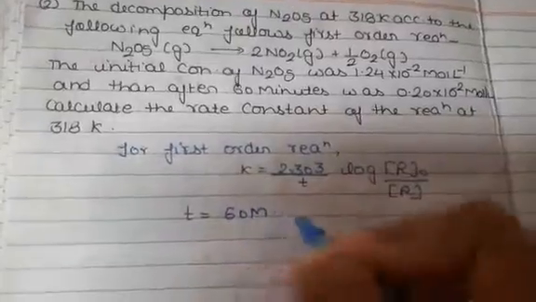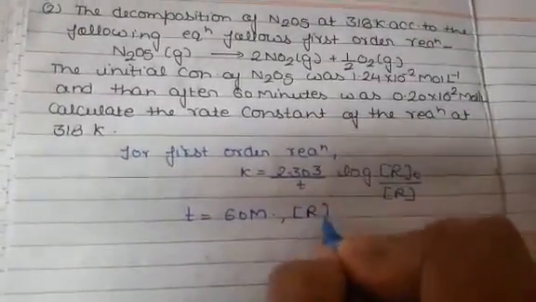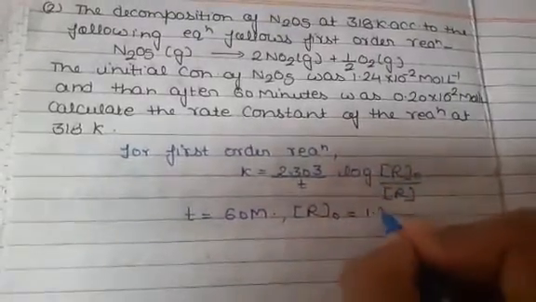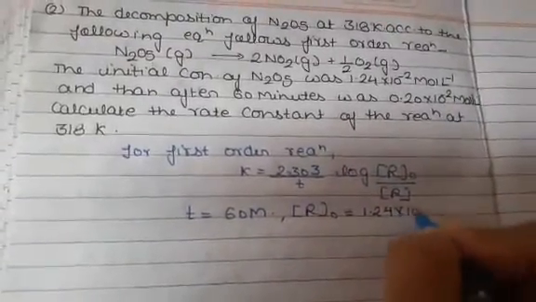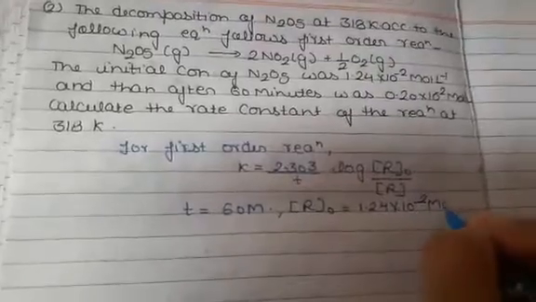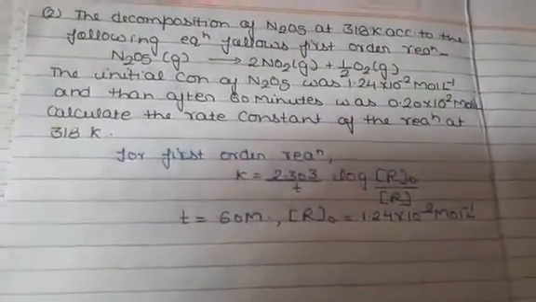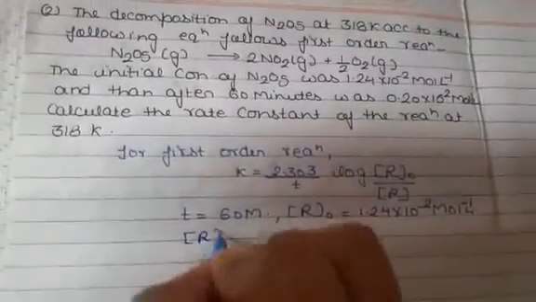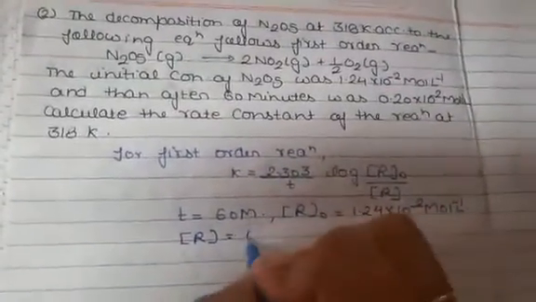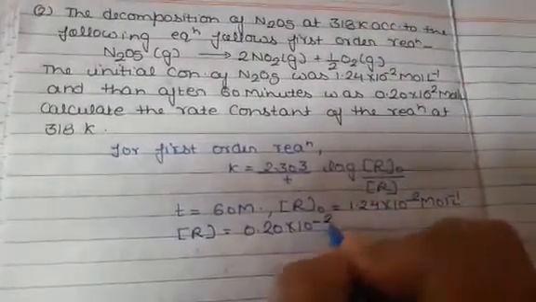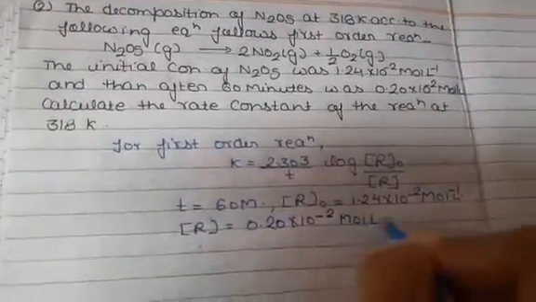Initial concentration R naught equals 1.24 into 10 to the power minus 2 mole liter inverse. Now here R is given, that is 0.20 into 10 to the power minus 2 mole liter inverse.